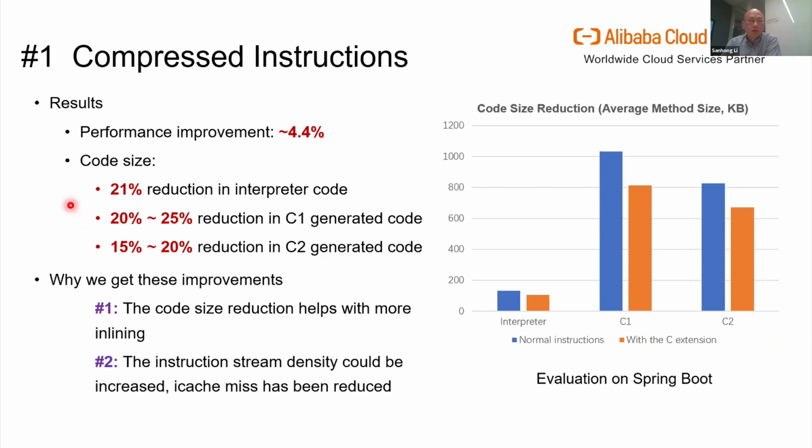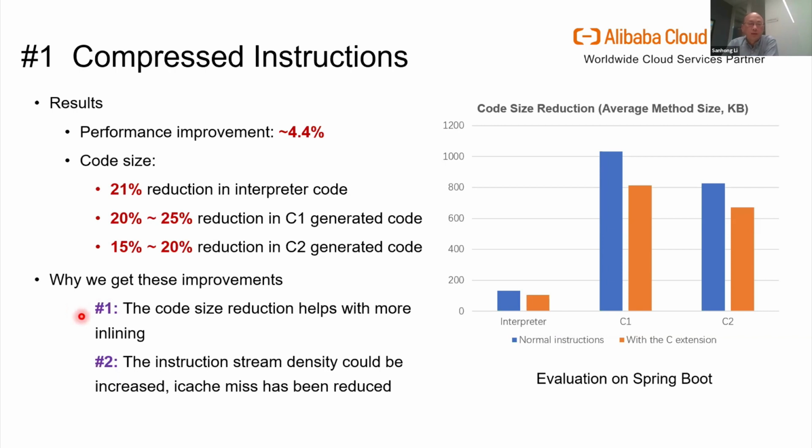After reducing the code size, we find the performance is also improved. We think it may come from two points. The first is that because code size is reduced, the JIT compiler has more chance to inline methods, and we have observed more methods being inlined from the compiler log.